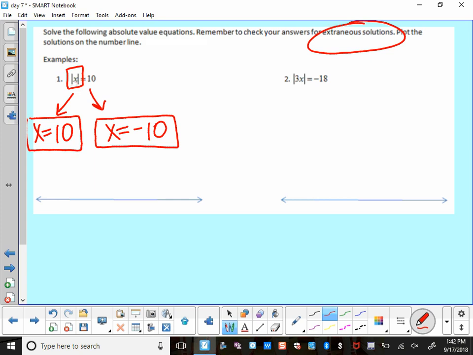That's my answer. Checking for extraneous solutions means I'm going to take whatever solution I get and plug it back into the original. So what is the absolute value of 10, really? It's 10, so that works. That's what we needed. On my second equation, the absolute value of -10 equals +10. That one works. We're just plugging it in to check.